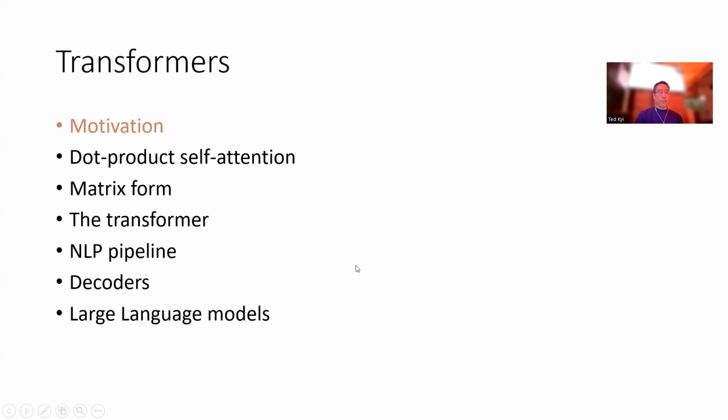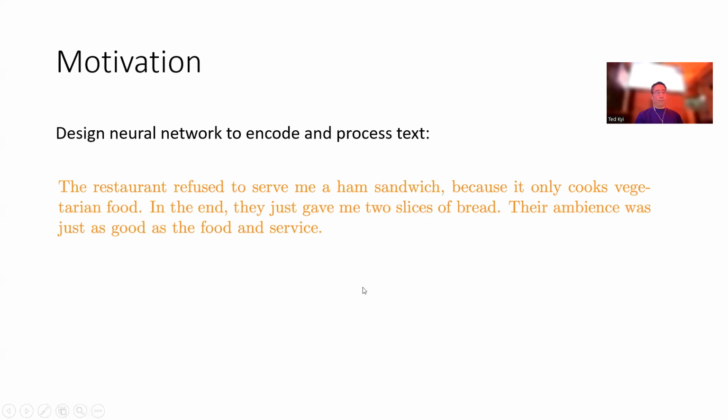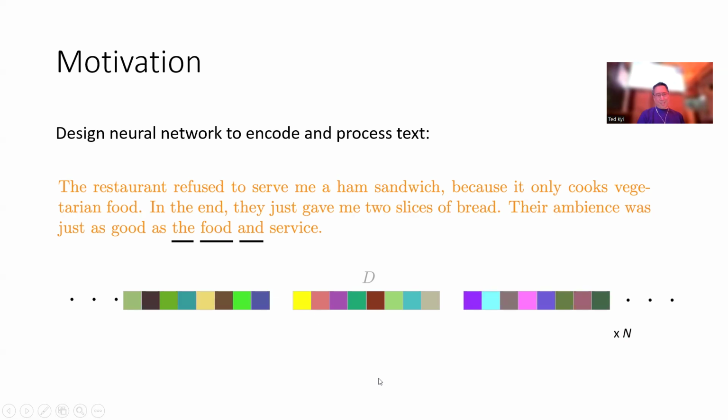All right, so first let's talk about the motivation a little bit. You've got a neural network, you want to process text. Here's some sample text, the restaurant, and so on. What are some of the problems with trying to understand this? Well, you might map each word to some kind of vector, some numeric thing so that you can process it. But now we've got a sequence of multiple words.